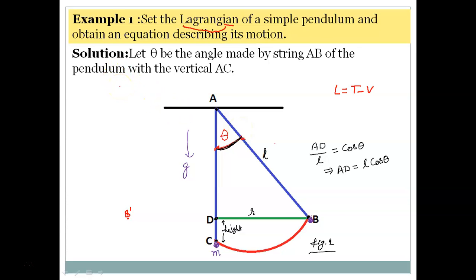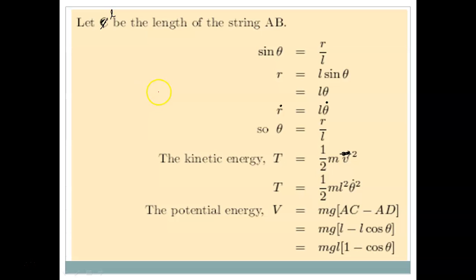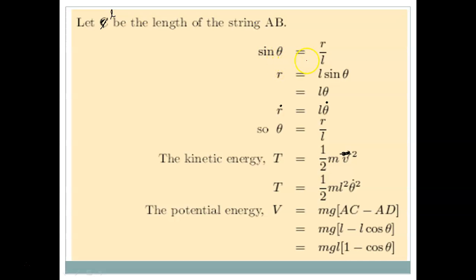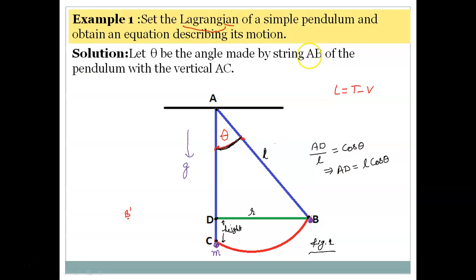Let L be the length of the string AB. Then from the right angle triangle ABD, sine theta is equal to r by L. Here r is this distance, and L is the length of the string, so obviously r will be variable.